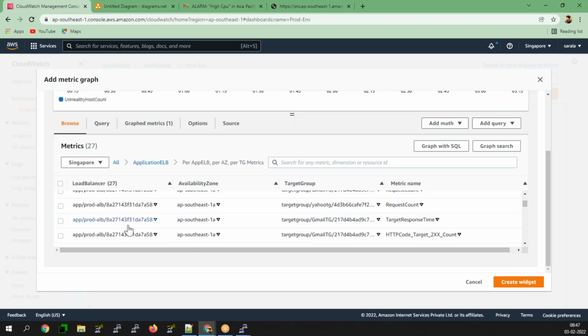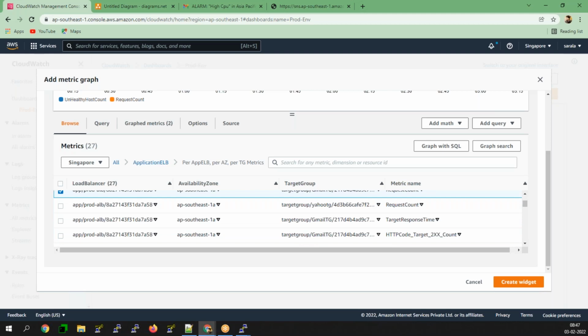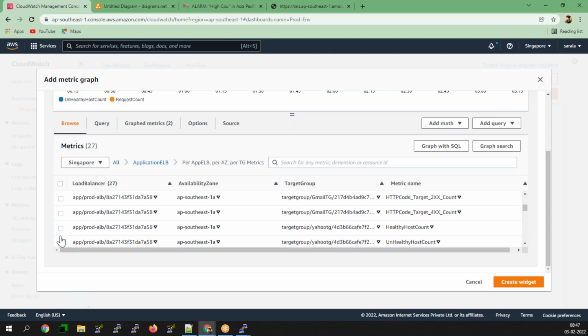Now, the number of requests to this specific target group, called the Gmail target group. How many requests are hitting it? And then, for the specific target group of Gmail, how many 4xx errors am I getting?